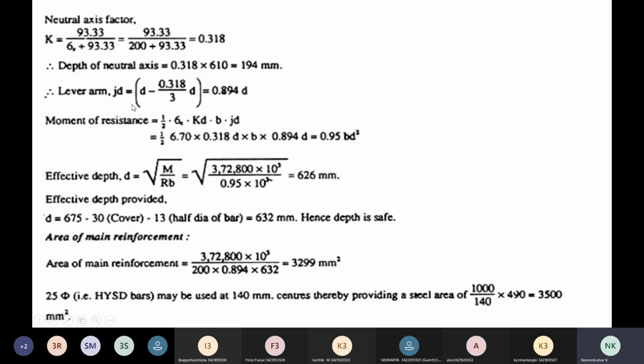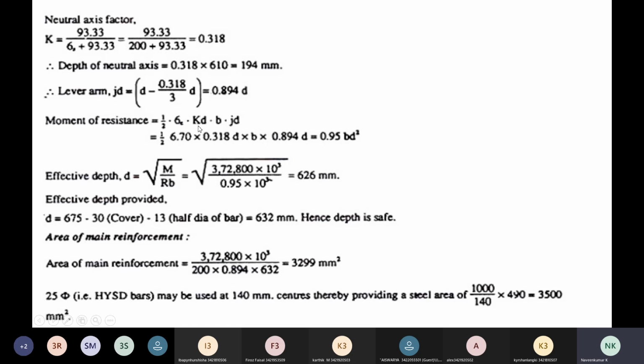After that, you calculate the lever arm distance. The expression is there. You require the value of effective depth to get the lever arm distance, so you substitute the effective depth value. After that, the moment of resistance expression is there, and you substitute all the values. 6.70 is substituted for the compression stress value.